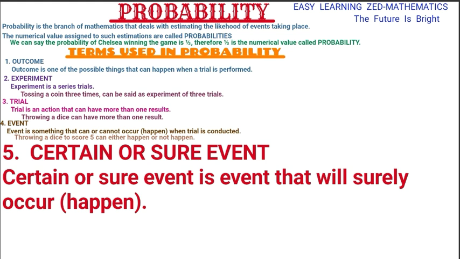Like if I say today is Thursday, tomorrow will be Friday. For sure, it will happen that it will be Friday. So that is a certain event. We can't even say it's a sure event that tomorrow the sun will shine.